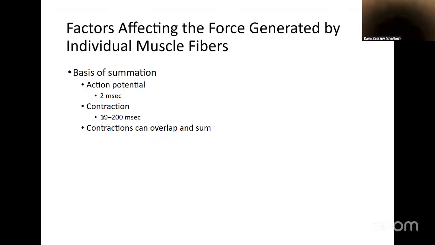It's going to be smallest, maybe 10 milliseconds, but up to like 200 milliseconds is a reasonable length of a contraction as we're forming those cross bridges, shrinking our sarcomeres by pulling in actin. Okay. So this means if you have a 2 millisecond action potential come in, and then you contract for 10 milliseconds, you still have space in that 10 milliseconds for another action potential to come along.